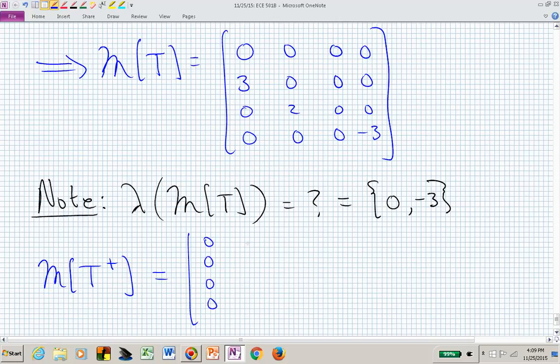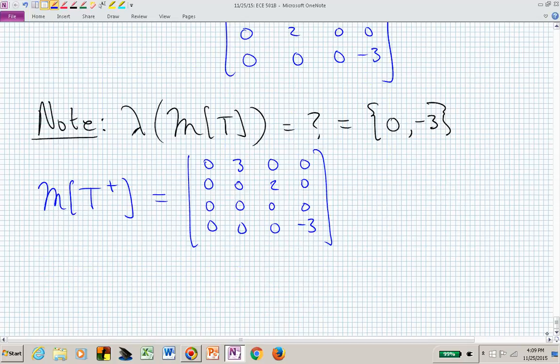The second row becomes the second column. The third row becomes the third column. And the fourth row becomes the fourth column. And if we wanted to, we could now find the linear map associated with T dagger.